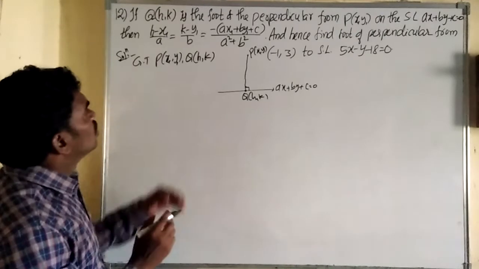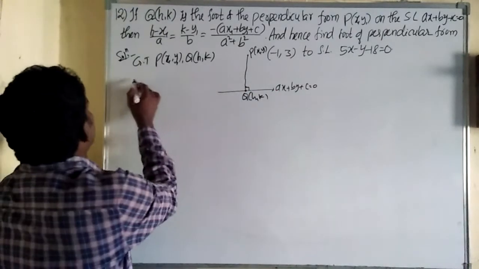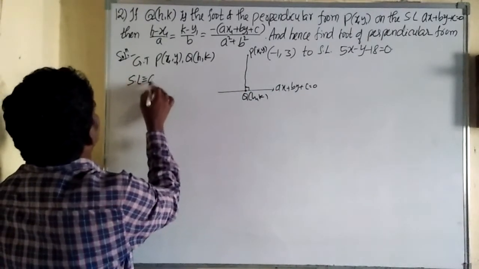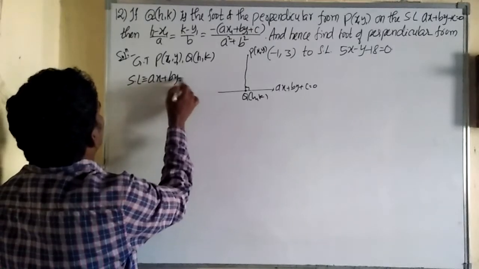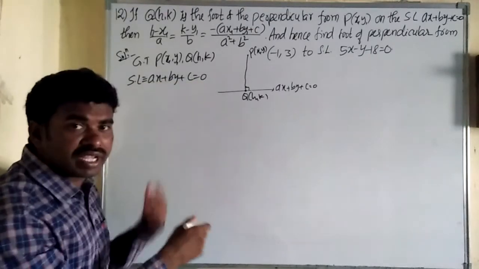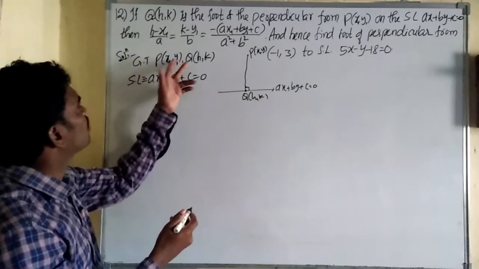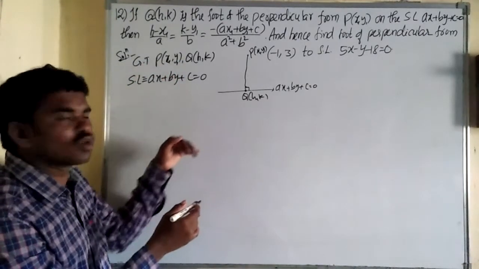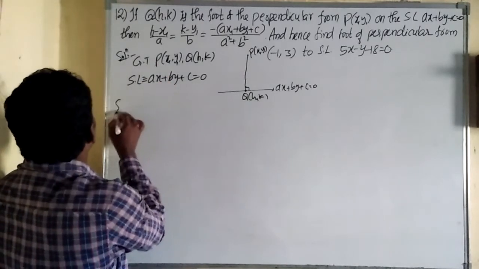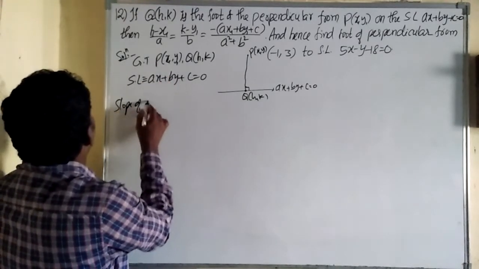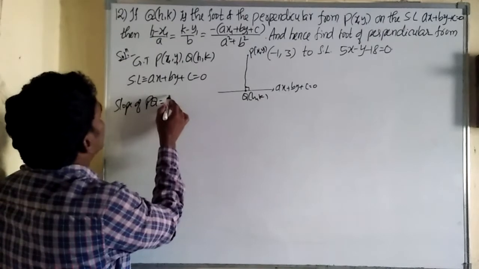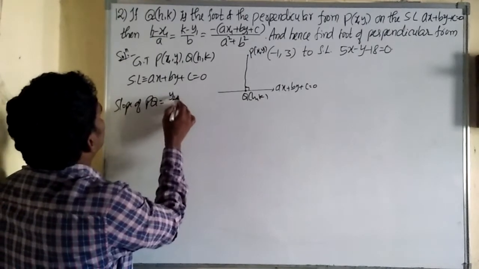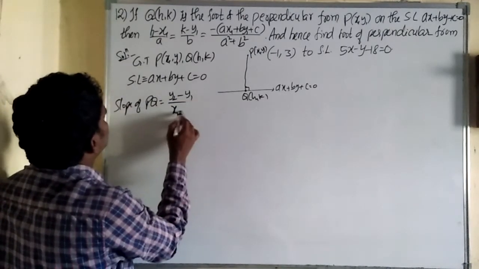So now the straight line. What is the straight line? Straight line is ax plus by plus c equal to 0. First of all, I am writing the slope of PQ and the slope of the line, because we can proceed by using slope only. The slope of PQ is equal to what formula? y2 minus y1 by x2 minus x1.